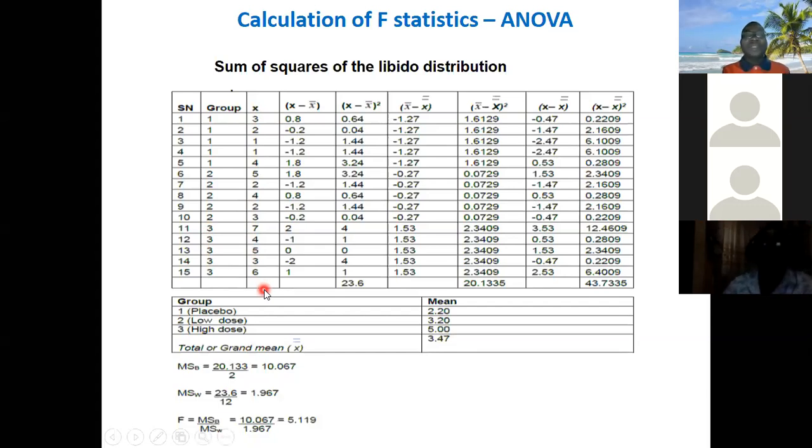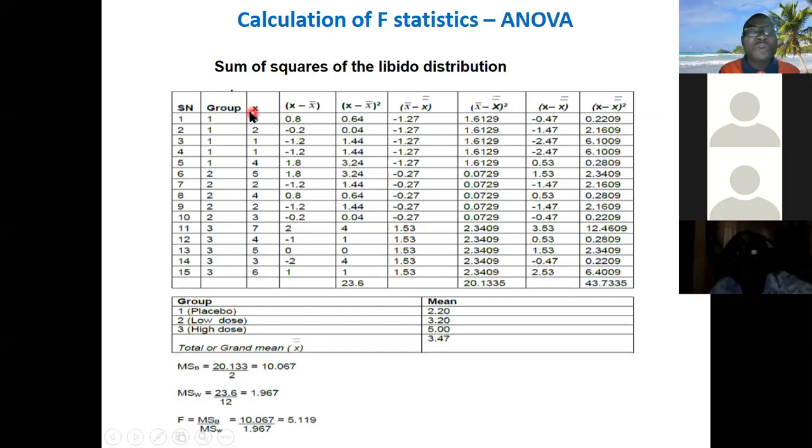Now, the following two columns, you see X minus bar X. What does it mean? Bar X means the mean of each group. For group 1, from 1 to 5, the mean is 2.2.